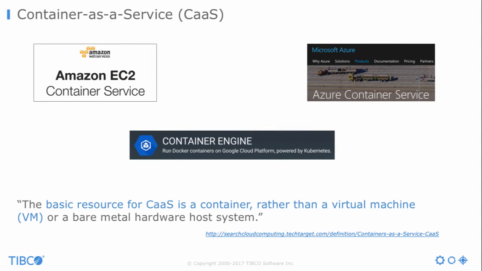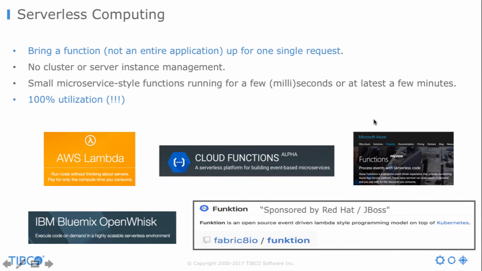We see containers as a service where you run your microservices directly on a public cloud like EC2 container service, Google's container engine, or on Azure container service. And we also move towards serverless computing where you have the function as a service with 100% utilization. You really only pay for exactly what memory and disk and computation you use.